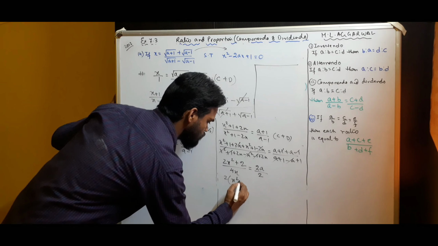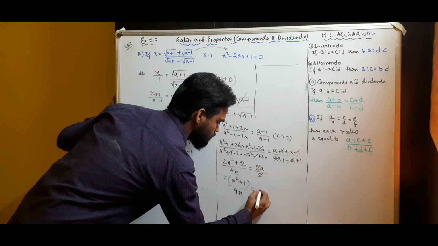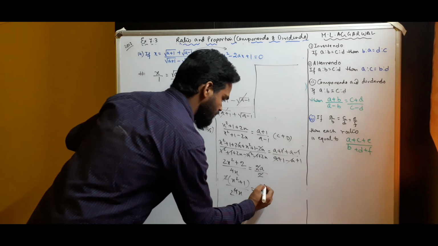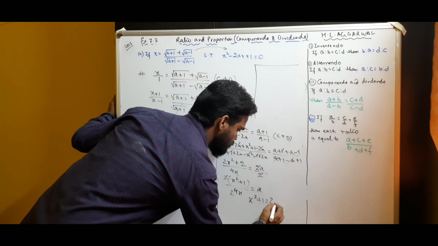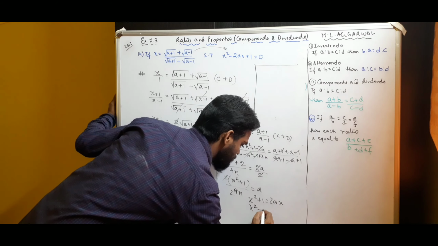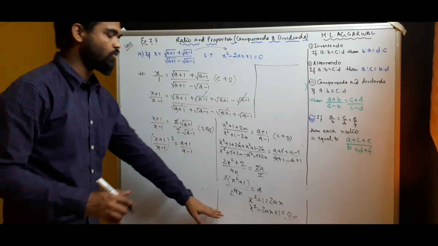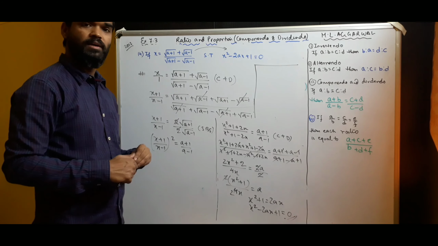So can I write x square plus 1 by 4x equals a. The 1s are 2s are. So this becomes x square plus 1 equals 2x. Which we bring on this side. So x square minus 2x plus 1 equals 0. And this they told us to prove only. Done.